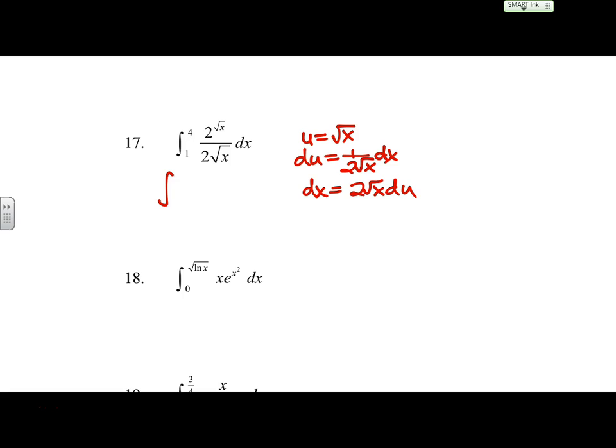I'm going to plug in. I'm going to ignore the bounds for right now. Maybe we'll do u bounds, maybe not. You guys notice when I plug in the 2 square root of x dx, they cancel, which is nice, and I have b to the u. I apologize, that's b.